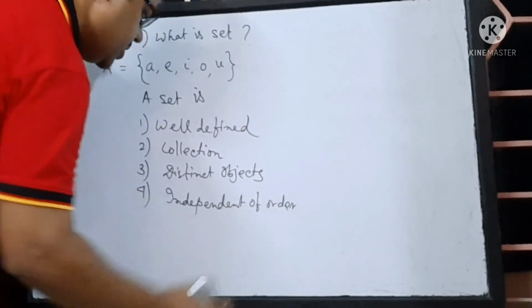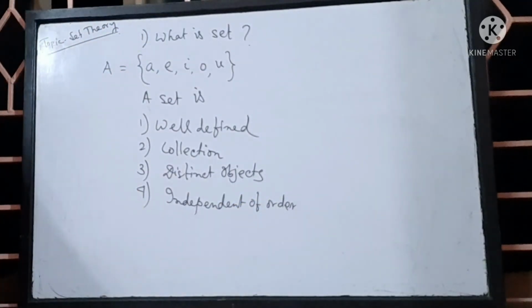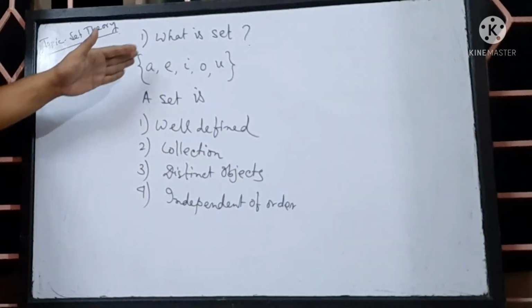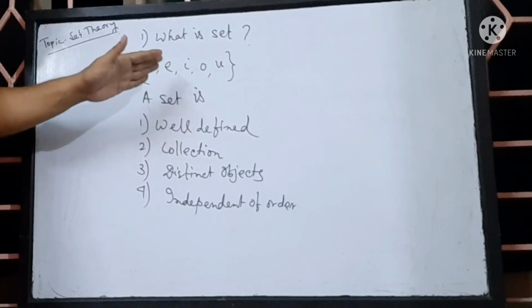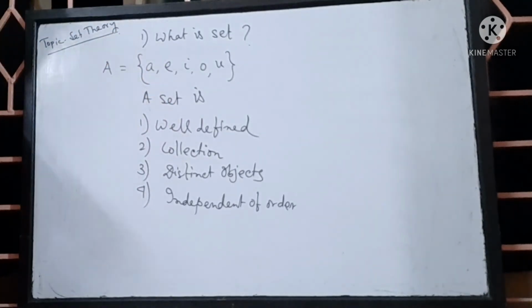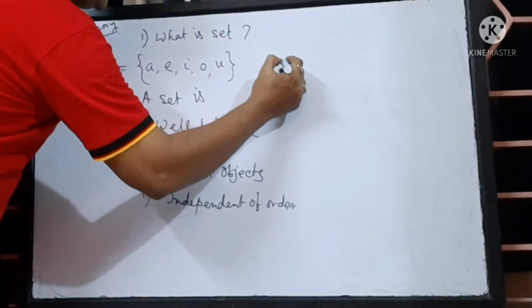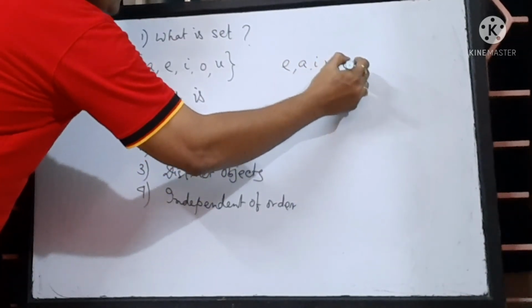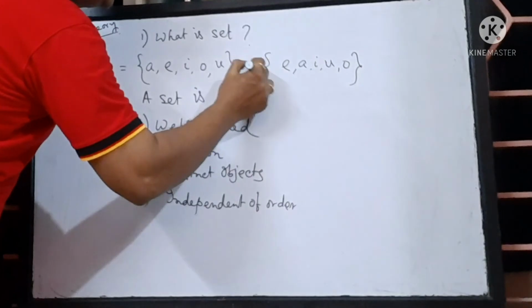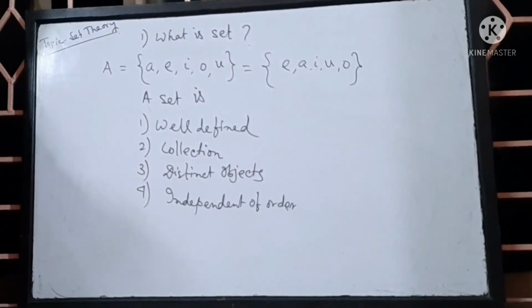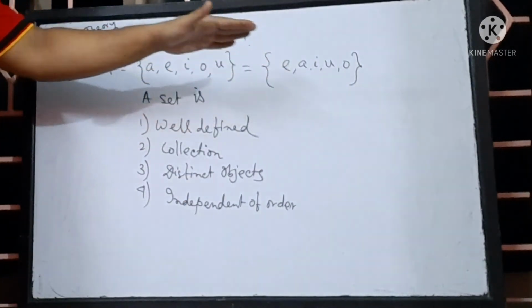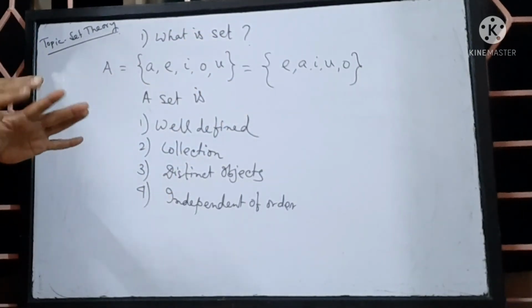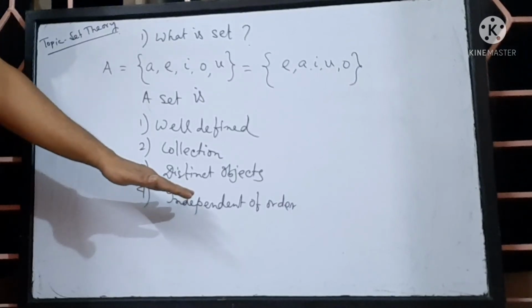A well-defined collection of distinct objects which are independent of order. Independent of order means A, E, I, O, U form a set. If we write E first, then A, then I, then U and O, this set is also the same set. Elements need not be in the same order. Order may be changed. So it is independent of order.